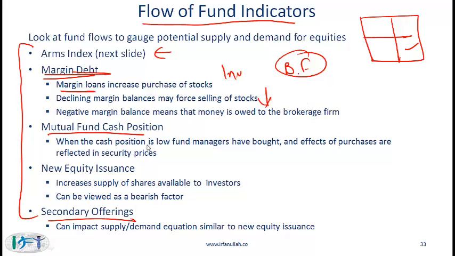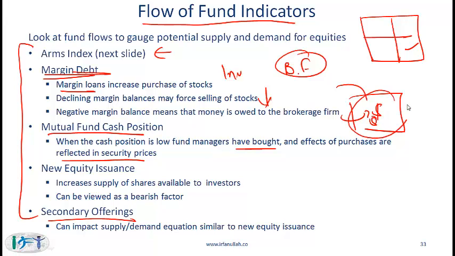Mutual fund cash position. When the cash position is low, fund managers have bought, and the effects of purchases are reflected in security prices. Just to make sure you understand this, a mutual fund is one where lots of investors put in their money, and then the mutual fund uses this money to buy securities. If you have an equity-based mutual fund, they will use this collection of money or pooled money to buy stocks.